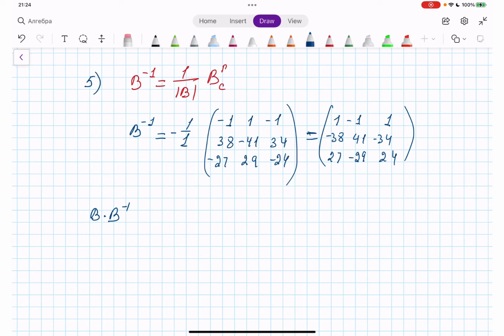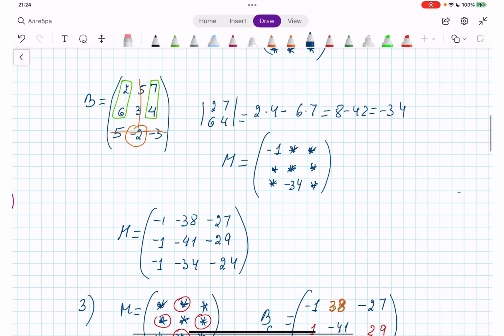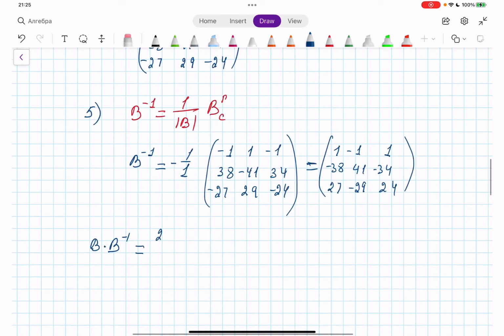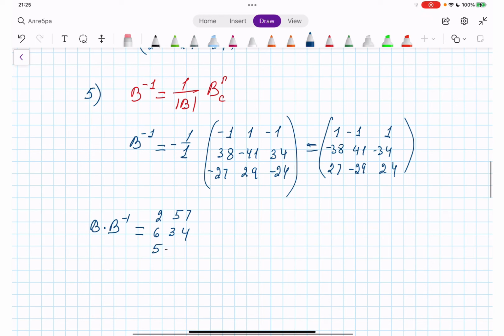Okay, and we are getting our original matrix, 2, 5, 7, 6, 3, 4, and 5, negative 2, negative 3.